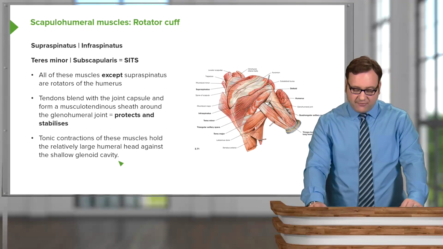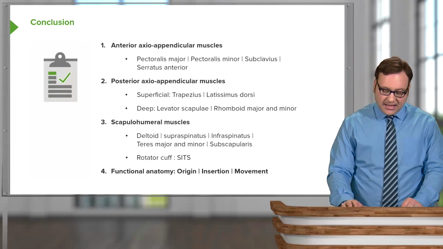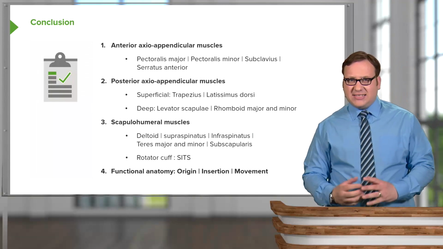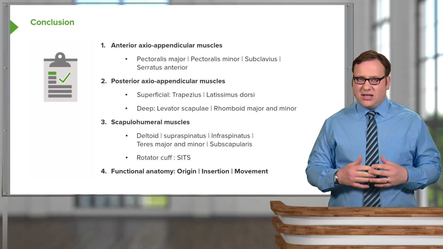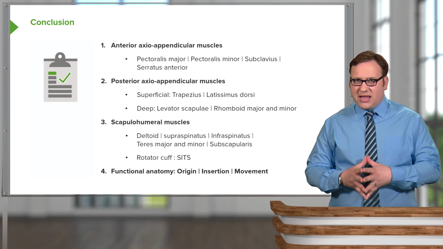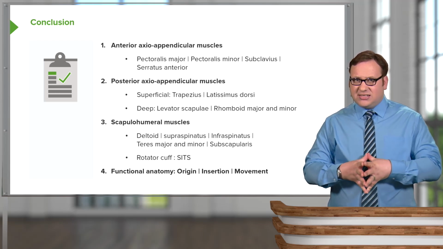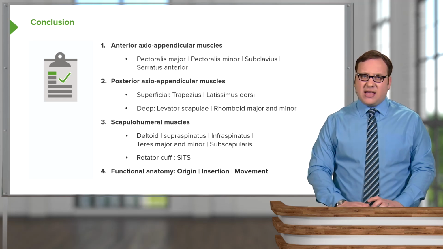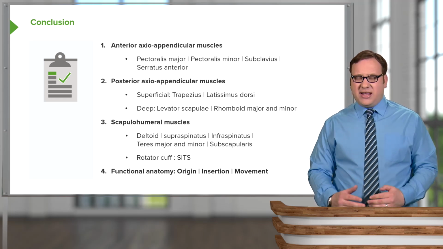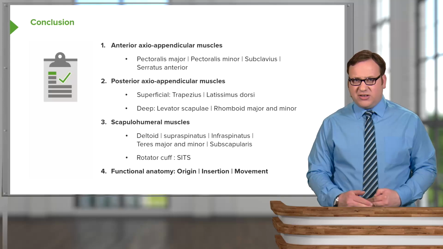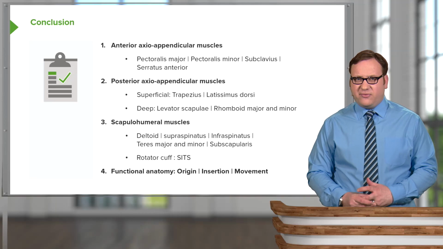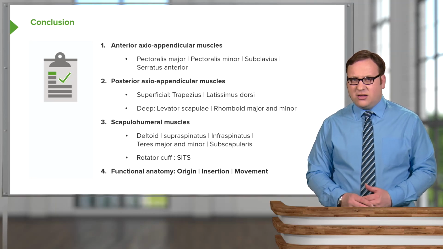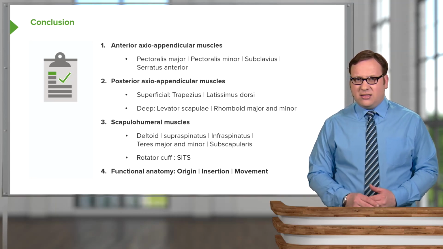So in this lecture, we've looked at the anterior and posterior axio-appendicular muscles. The anterior ones: pectoralis major and minor, subclavius and serratus anterior. And then posterior muscles, split into two groups, superficial and deep: trapezius and latissimus dorsi in the superficial, levator scapulae and rhomboid major and minor in the deep.